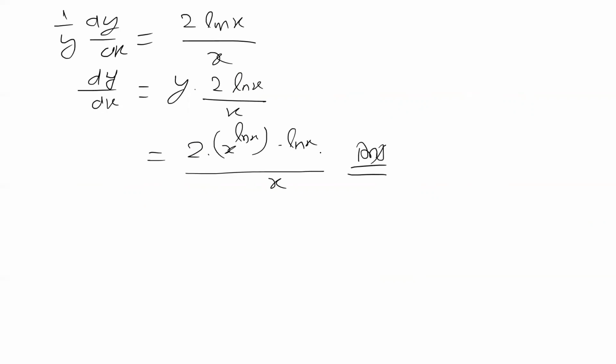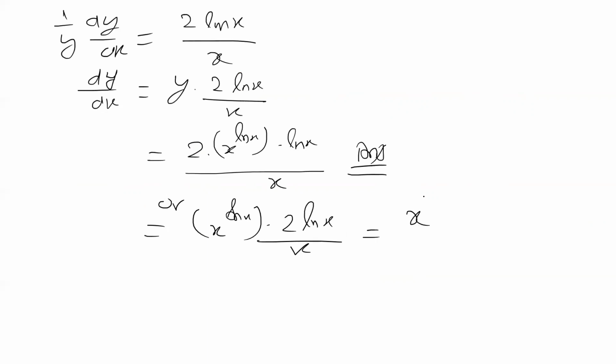In another way we can also write it like that, x power ln x into 2 ln x by x. You can also write 2 here, you can take it inside ln x. Here is ln x power ln x.